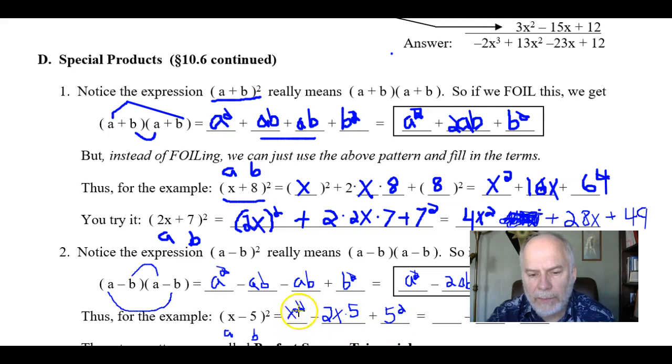All right, so then we have x squared and then negative 2 times 5 is negative 10, so we're going to have negative 10x, and then plus 5 squared, so that would be 25.